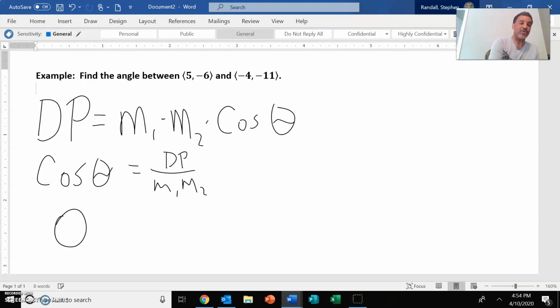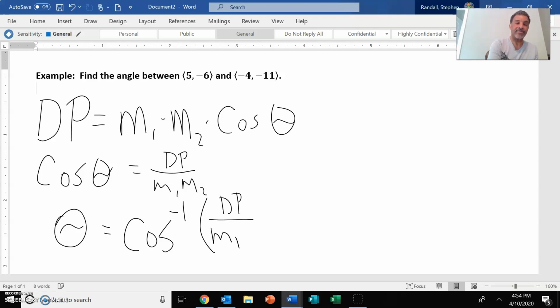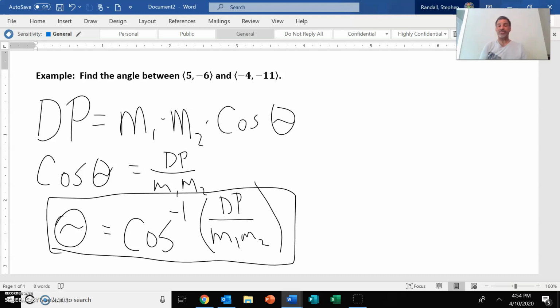And theta, therefore, would equal the cosine inverse of the dot product divided by the product of the magnitudes. So now we have a formula to find the angle between two vectors.